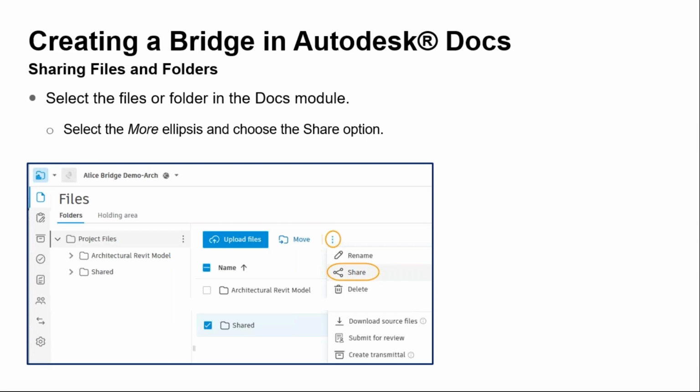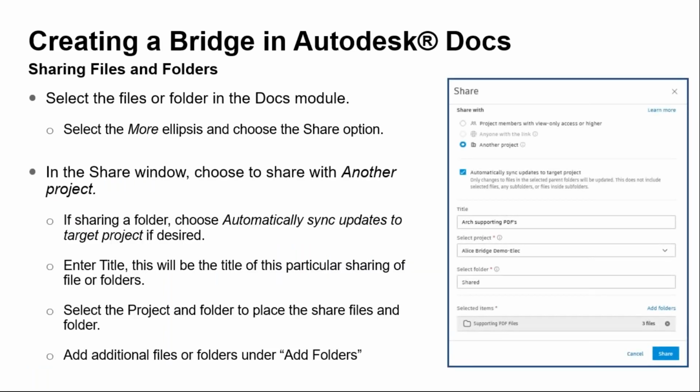To bridge files or folders with Autodesk Docs, select the files or folders to be shared in the Docs module, and then select Share to set up the bridge. In the Share dialog box, choose Another Project.